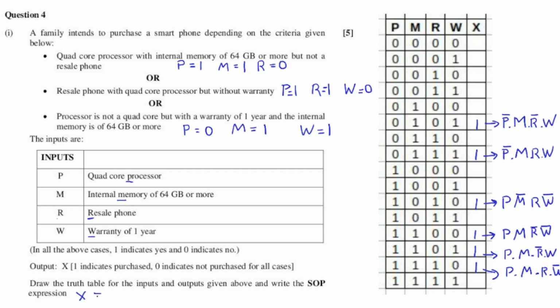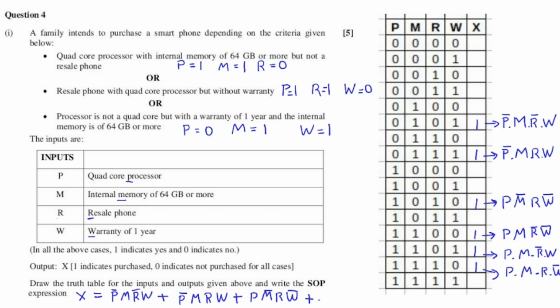X is equal to, the first term is P complement, M, R complement, W. The second term is P complement, M, R, W. Then the next term is P, M complement, R, W complement.